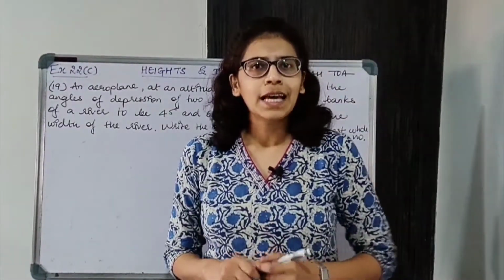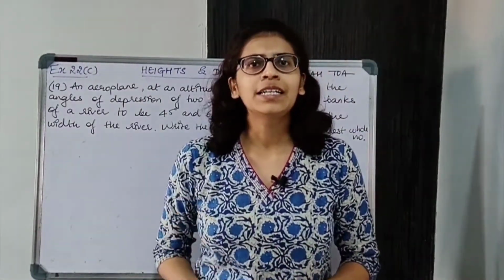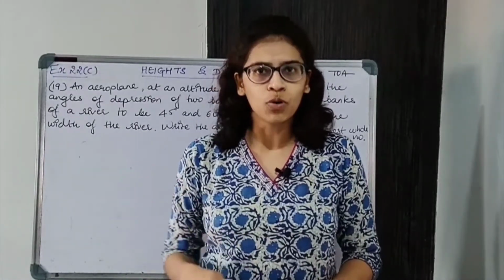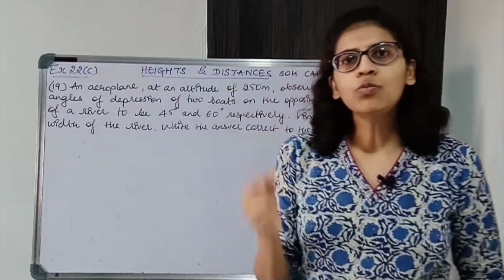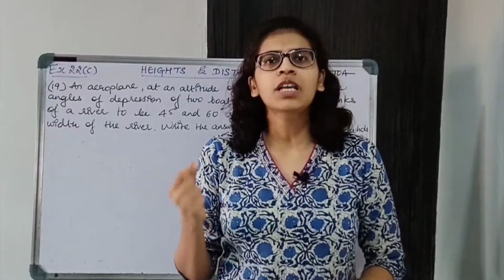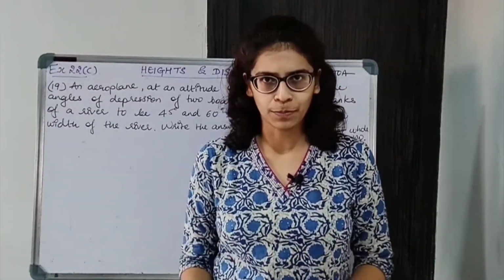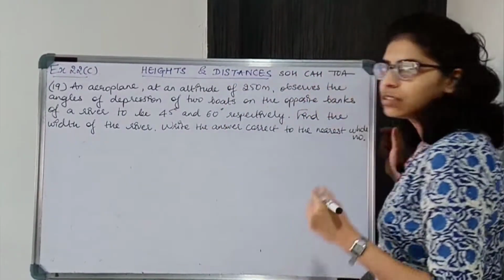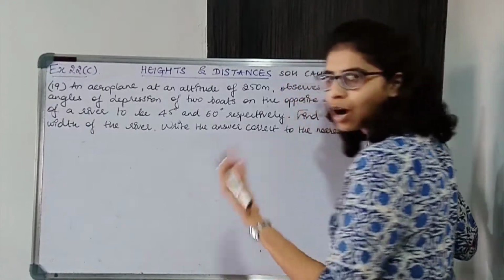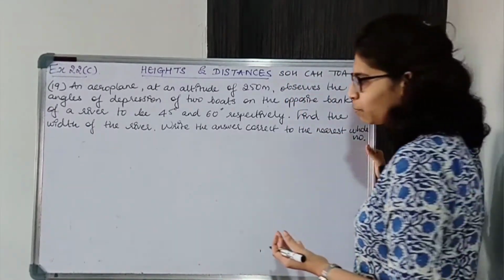Now there is an aeroplane at some height, and we are observing two boats from that aeroplane. Both the boats are on the opposite banks of the river. Let us try to understand how exactly the boats are present and how they are being observed from the aeroplane.